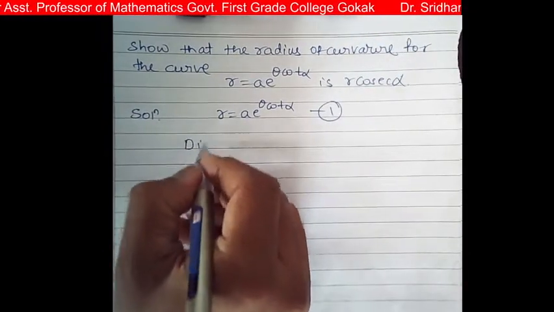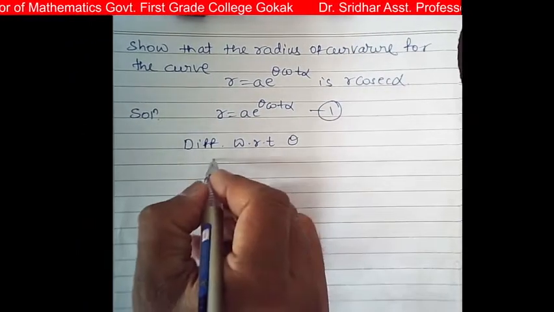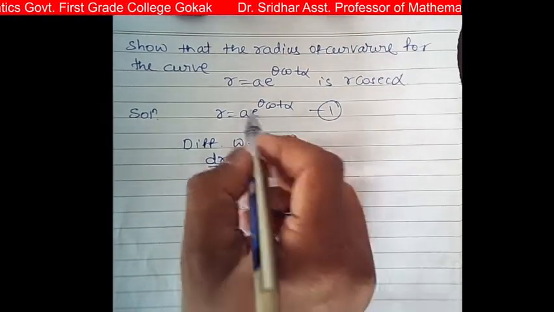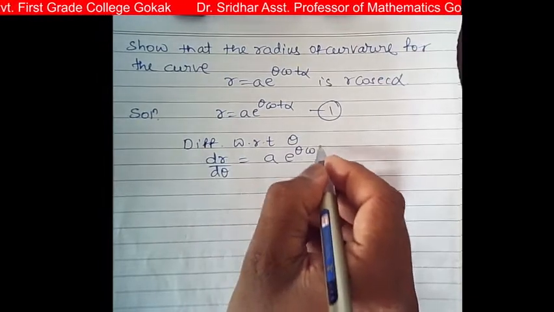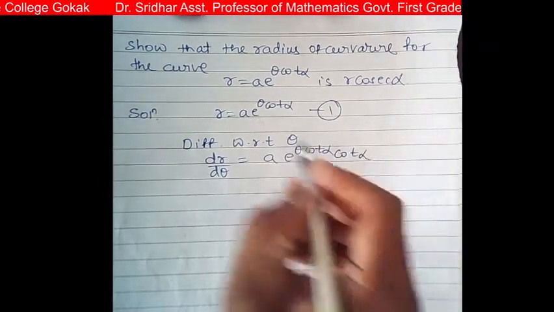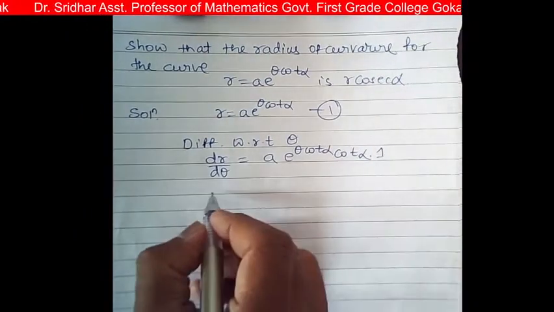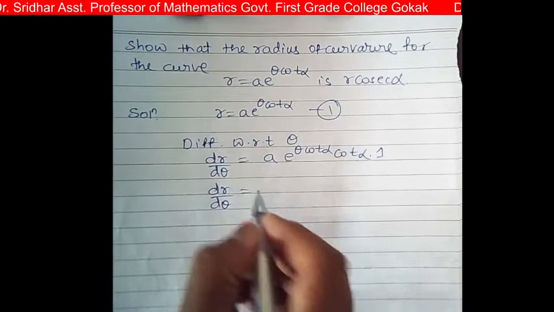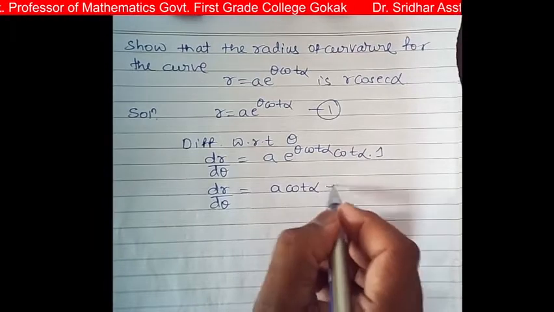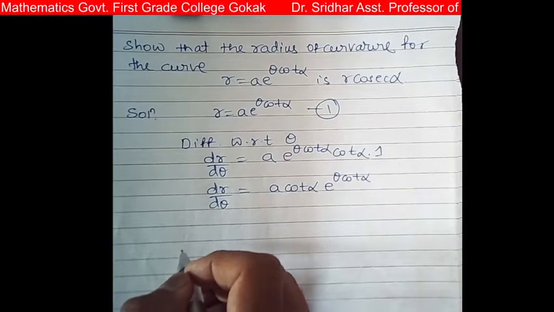Now differentiating with respect to theta, dr by d theta is equal to, a is constant, differentiation of e raised to theta cot alpha is e raised to theta cot alpha, again differentiation of theta cot alpha, cot alpha is constant, differentiation of theta with respect to theta is 1. So dr by d theta is a cot alpha into e raised to theta cot alpha.